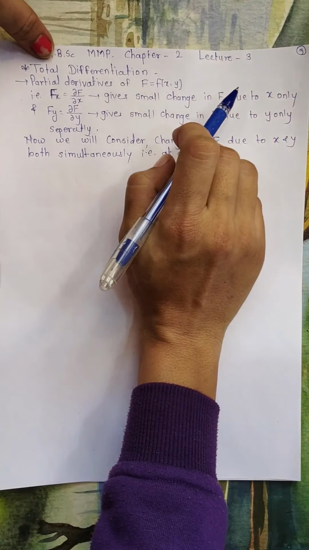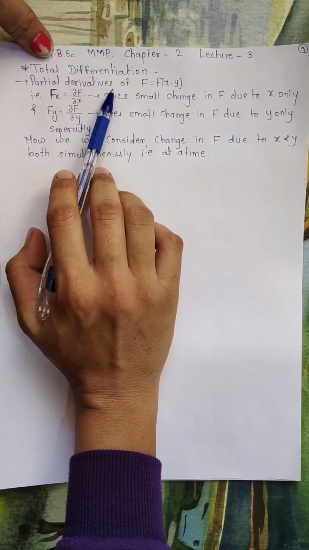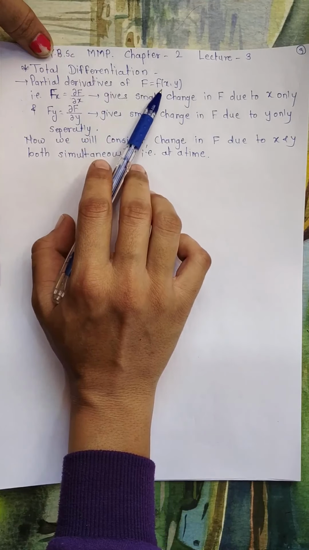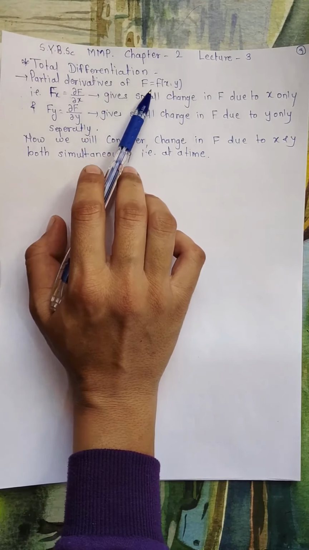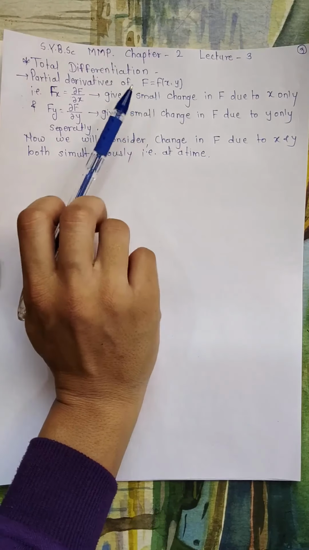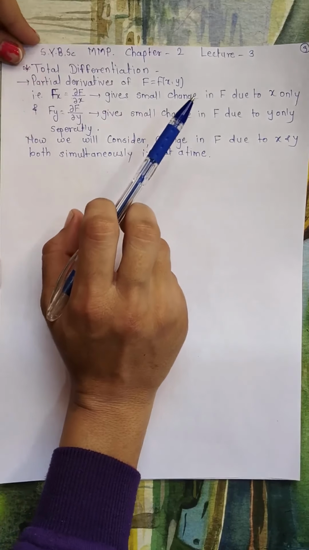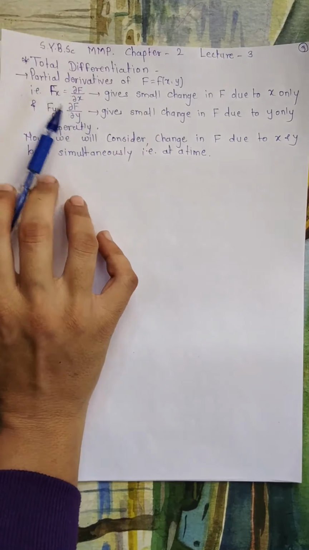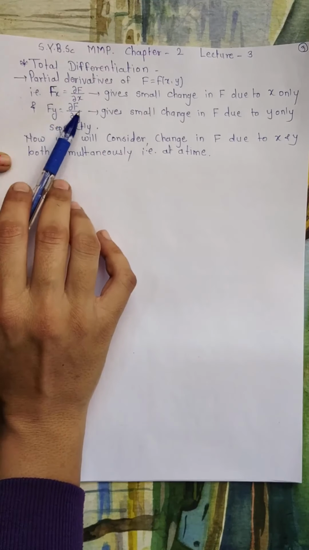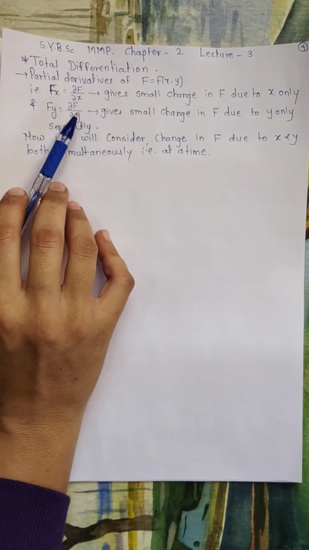So before going towards total differentiation, we have found the partial derivatives of f of x, y, that is a function f which depends on x and y. Those first order partial derivatives f_x and f_y are dou f upon dou x and dou f upon dou y.